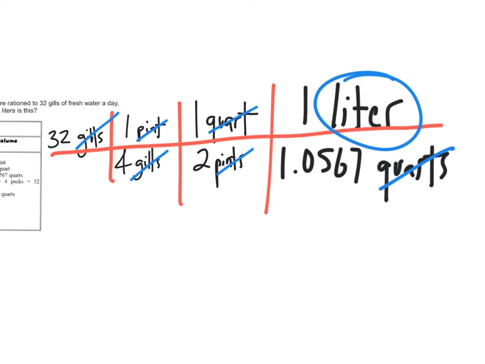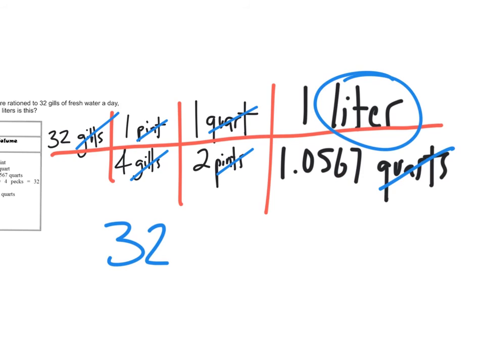And so now when we multiply across the top, I can see that 32 times 1 times 1 times 1 is going to give us simply 32. And what about the bottom? Now we need to make sure that we multiply 4 times 2 times 1.0567.